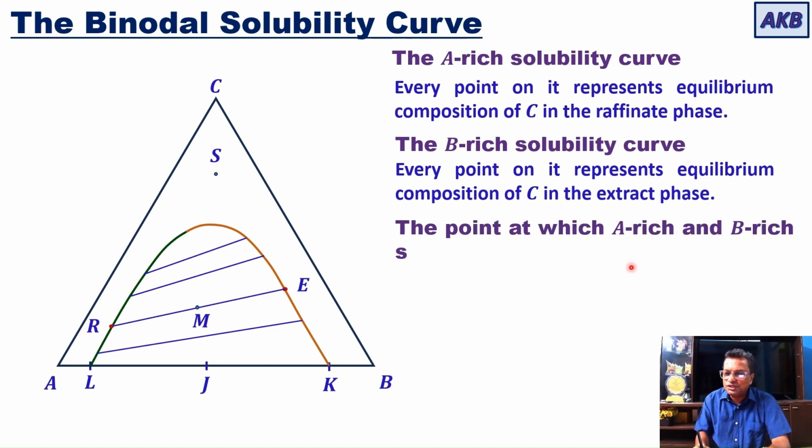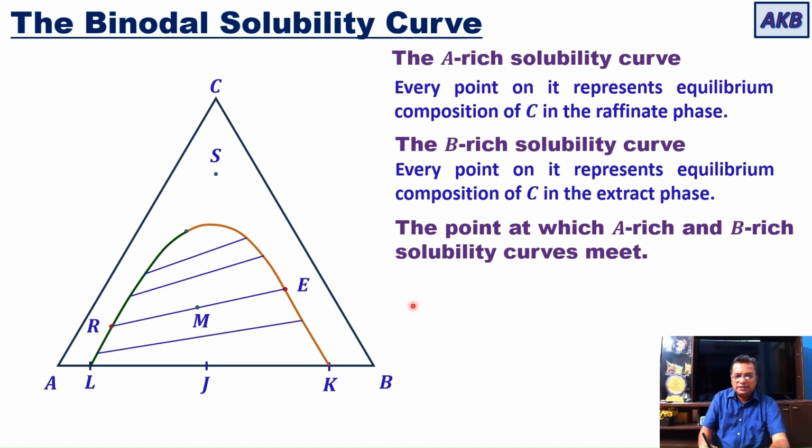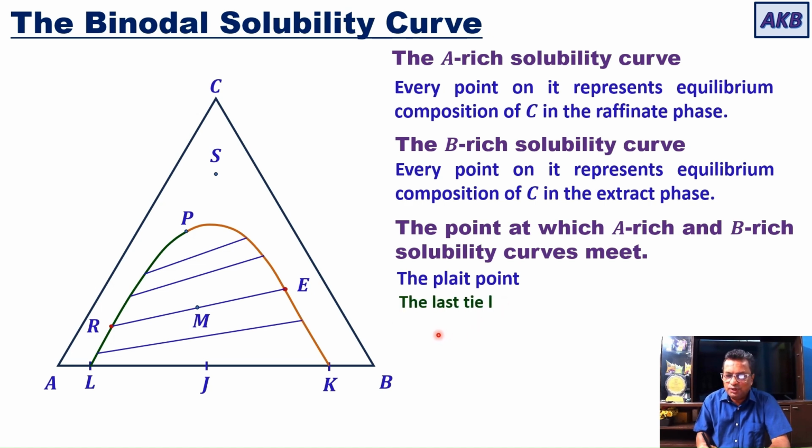The point at which the A-rich and B-rich solubility curves meet, where the green curve meets the B-rich solubility curve, is this point. I am calling that point P, and this point is called the plait point. What is the significance of the plait point? The plait point is the last tie line, and since it is a point, the length of that tie line is 0.